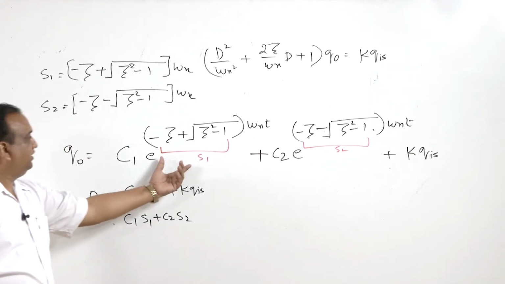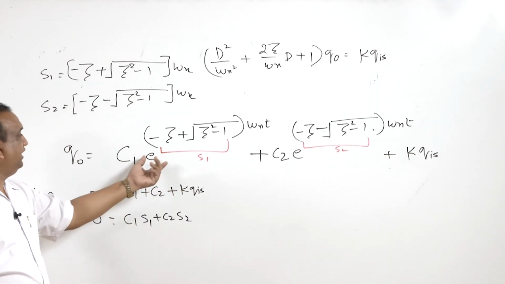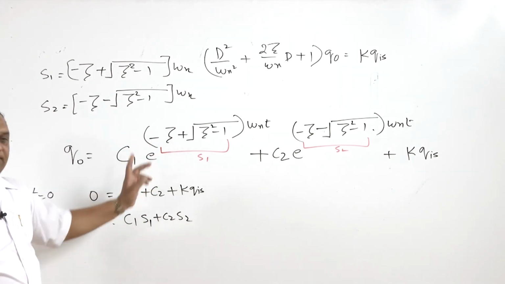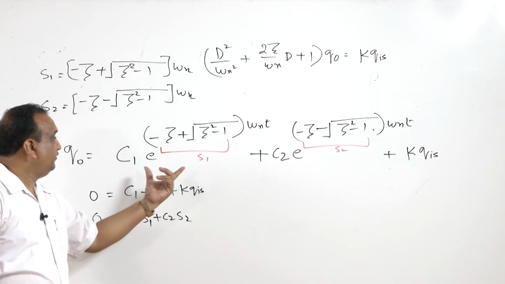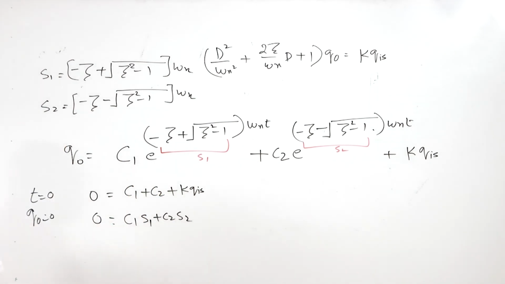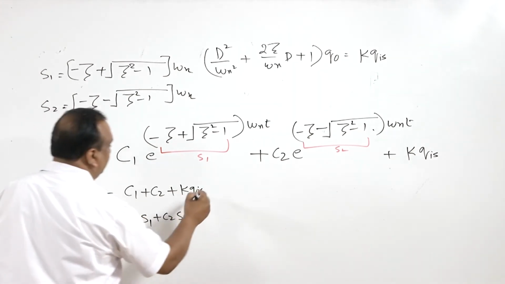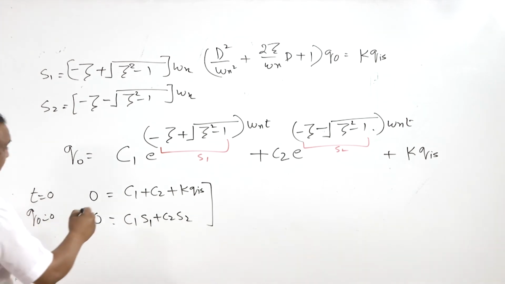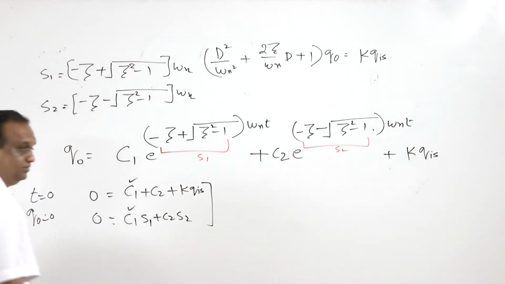When we differentiate C1 e raised to power S1, we get S1 C1 e raised to power S1, and when we put t as 0, this term becomes 1. So we are getting C1 S1 plus C2 S2. Now we have two simultaneous equations, and if we solve them, we will get the values of C1 and C2.